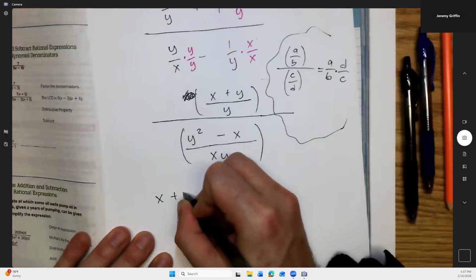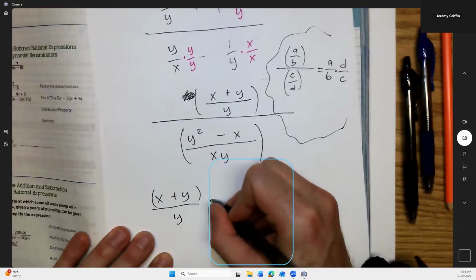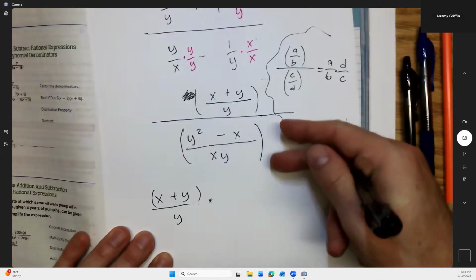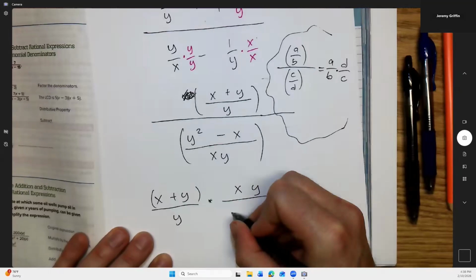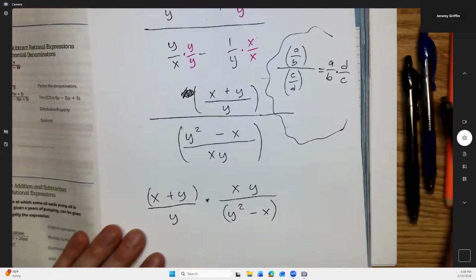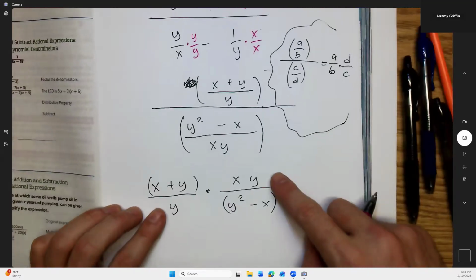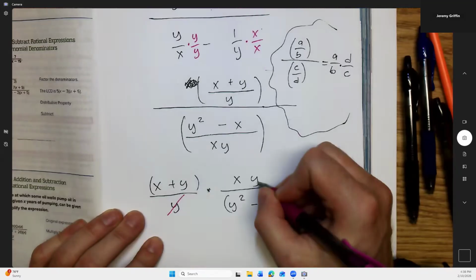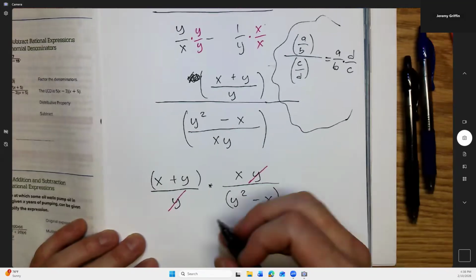So I got x plus y collectively divided by y. Then we say multiplied by, and flip this bottom fraction. So make it x times y over y squared minus x. Now, the one thing I can do from here is this y is going to cancel.